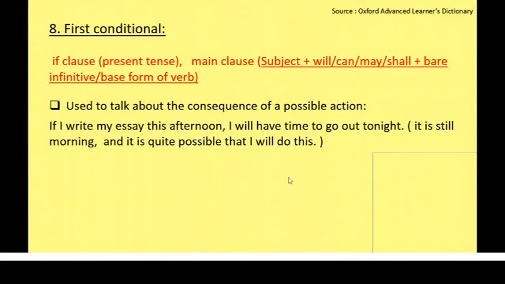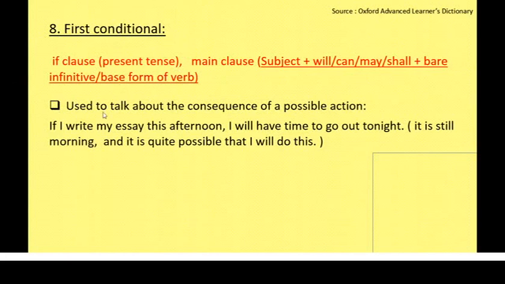My dear students, now we will discuss the conditionals. First conditional. If the if clause is in present tense, the structure of the main clause will be subject plus will, can, may, shall plus bare infinitive or base form of the verb.